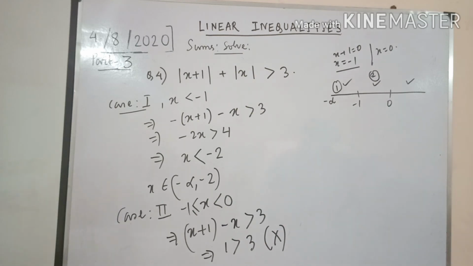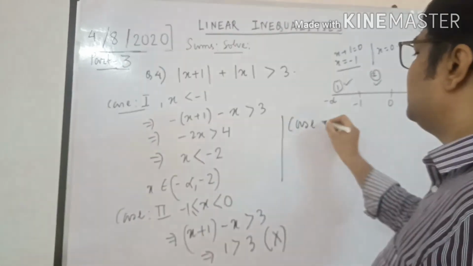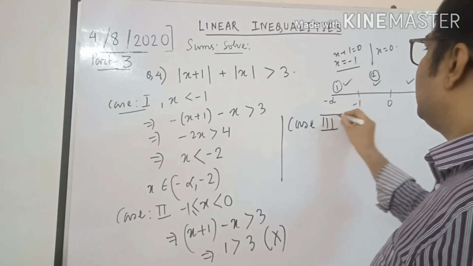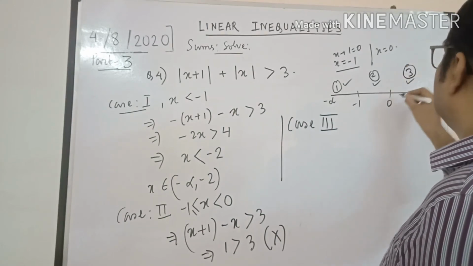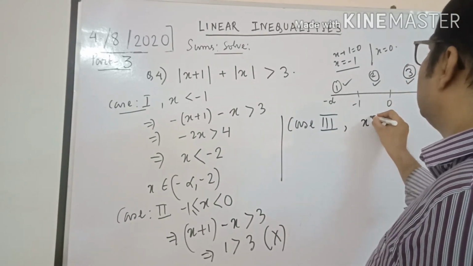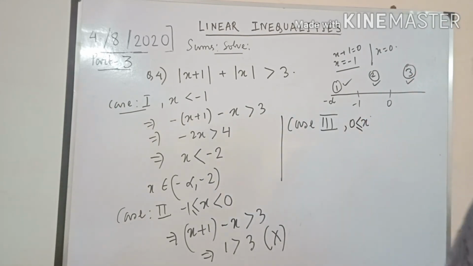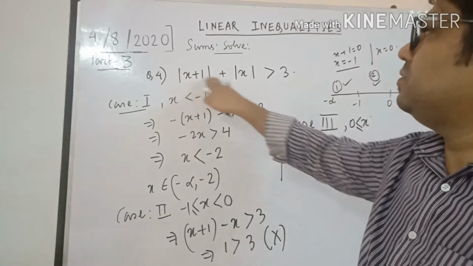Now we do case 3. Case 3 is this part, where x is greater than or equal to 0. If it is more than 0, both of these will be positive.